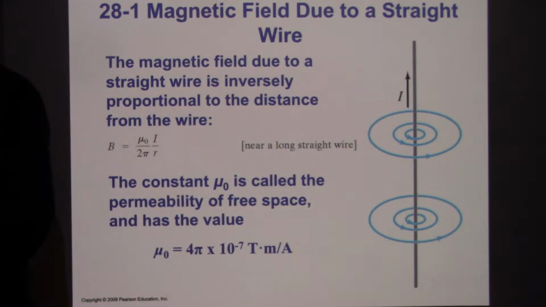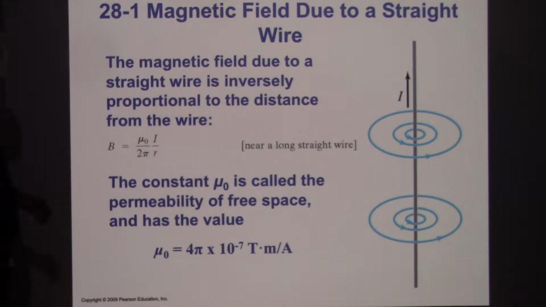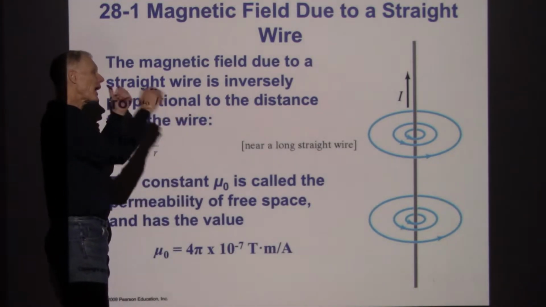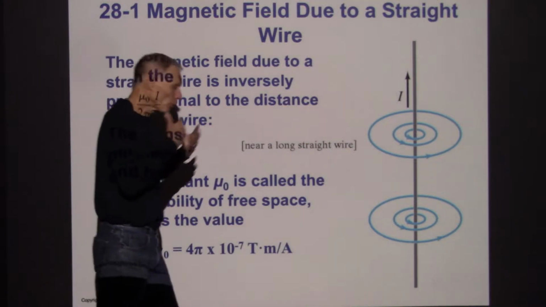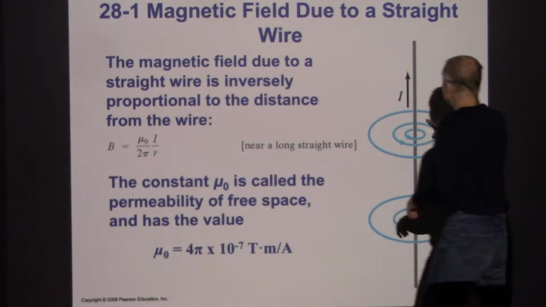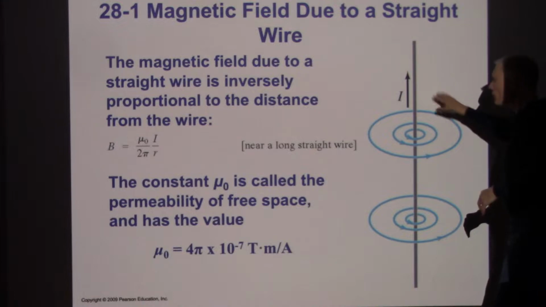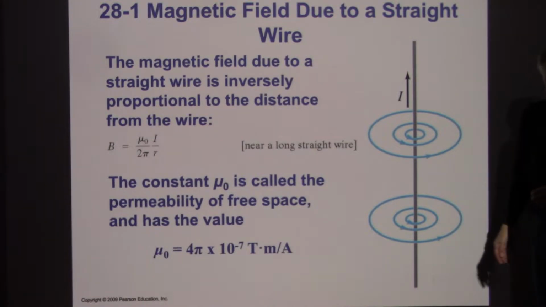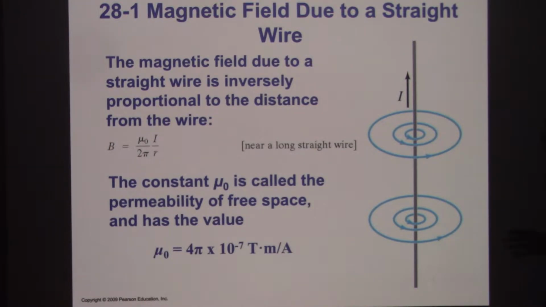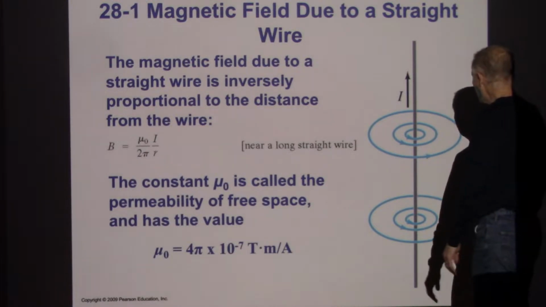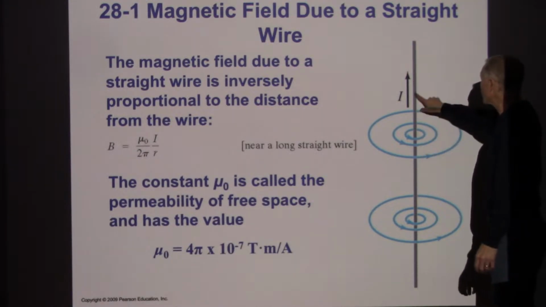All right, magnetic fields, where do they come from? Magnetic fields, which we learned actually in the last chapter, are a result of charges that are in motion. The most common example that we run into with generating magnetic fields is just to take a current running through a wire.